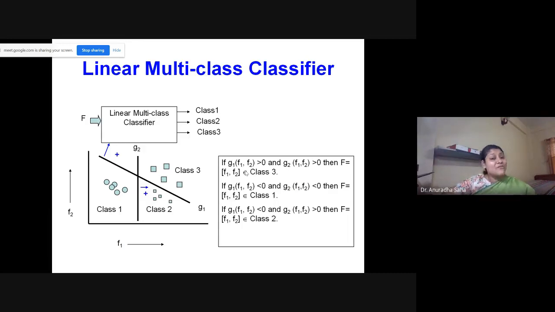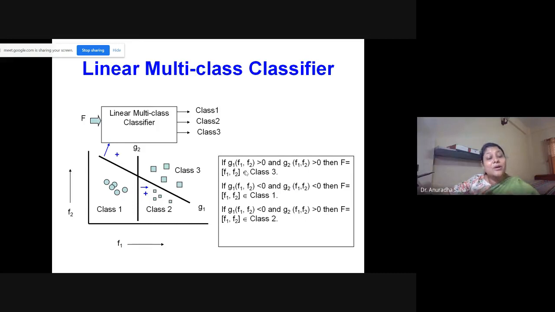Now, whenever we have a multi-class classification problem, the problem is all about designing the final deciding factor or deciding box, I can say. So the final deciding box is nothing but the classifier.